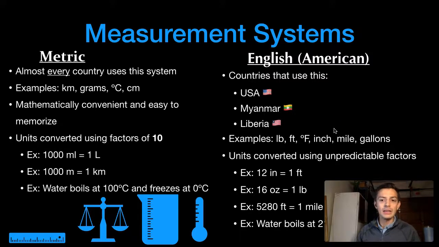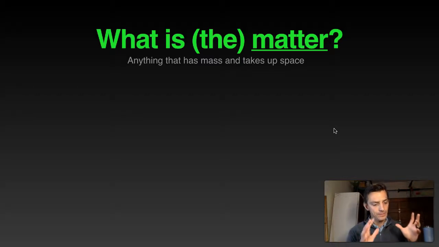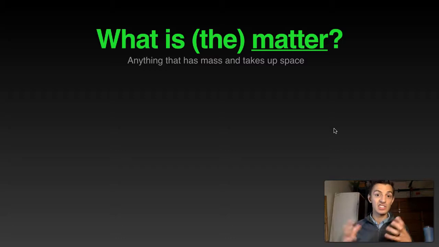Well, in chemistry, we use these metric systems in order to do any math that we need to do and to understand the different concepts that are in chemistry. One of the things that we have to learn is how do we deal with the stuff of chemistry, and how do we measure that?